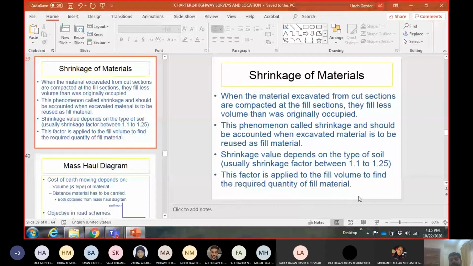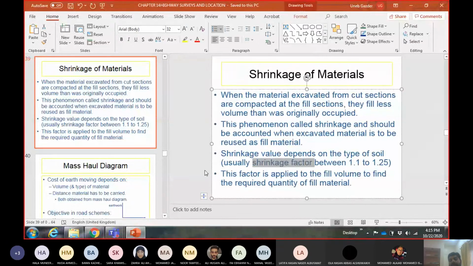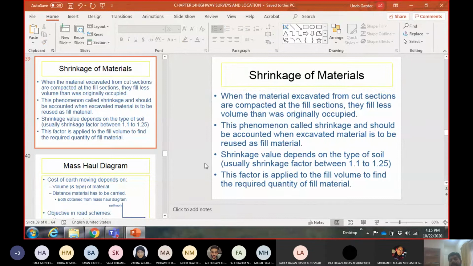So the material which is ordered for filling is always increased by multiplying with the shrinkage factor. The shrinkage factor is the factor which is multiplied with the quantity of fill material to get the actual loose material required to fill up the compacted space.